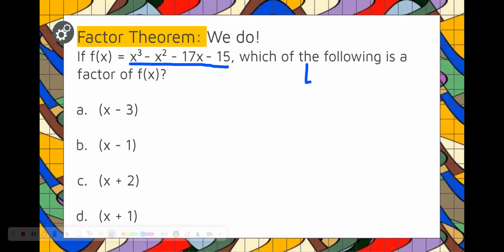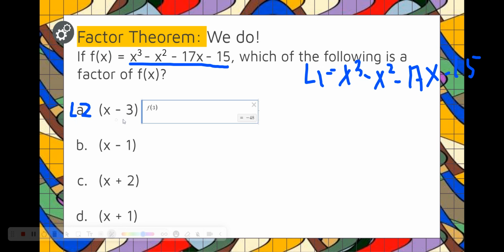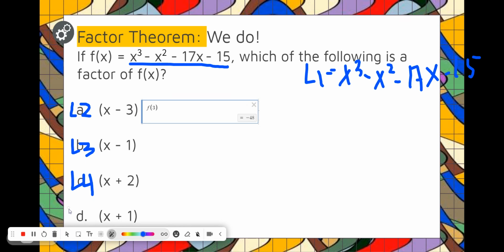Line 1 will be x cubed minus x squared minus 17x minus 15. Line 2 would be f of 3. Next is line 3, next is line 4, and lastly line 5, which is not possible for me to write. I don't know why. There you go.